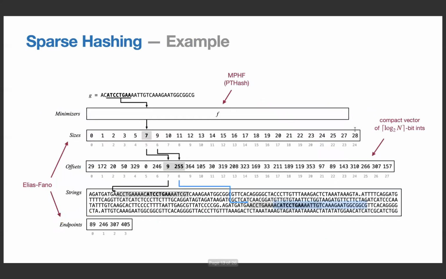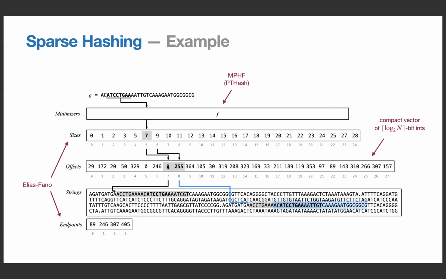And so our data structure looks like this. So we have the minimal perfect hash function f and the array of bucket sizes stored in prefix sum in order to translate the result of the minimal perfect hash function evaluated over a minimizer into an index into the offsets array. So for this example K-Mer G, we know the bucket is going to be of size 2.